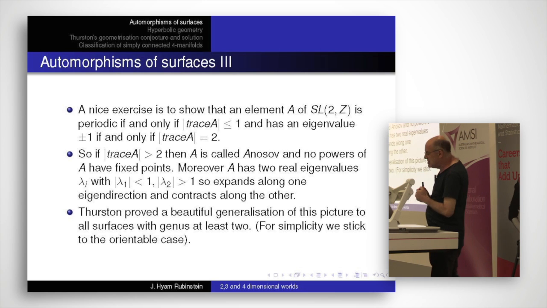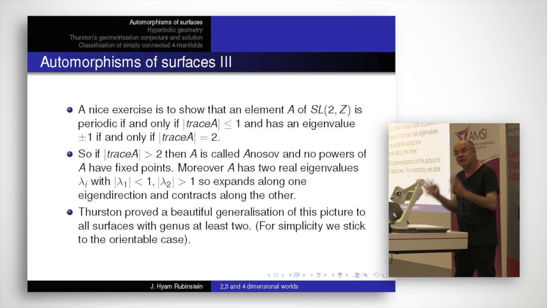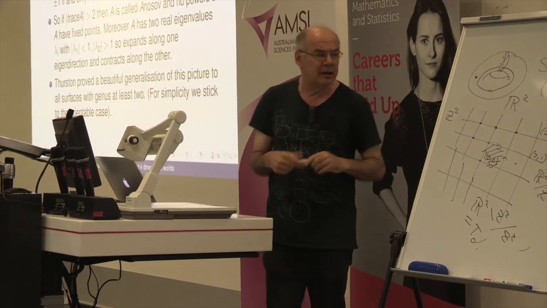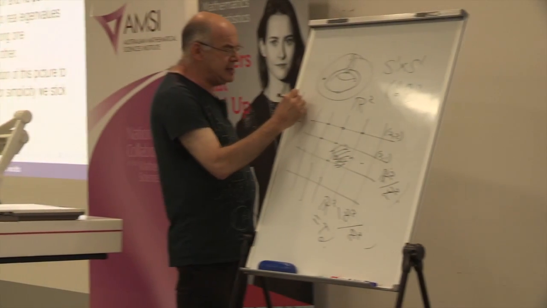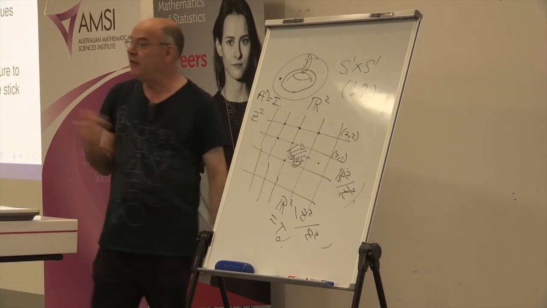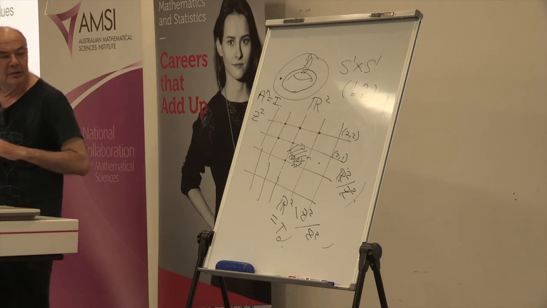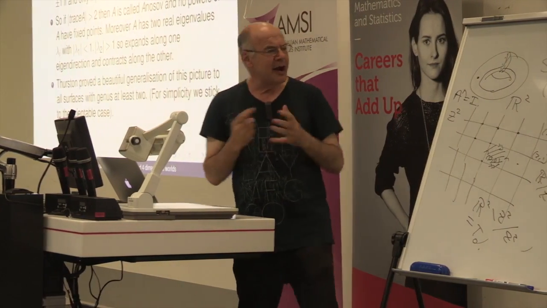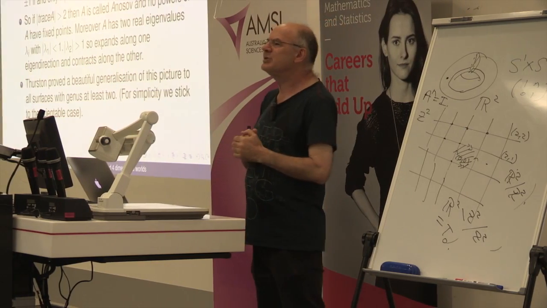So a nice exercise is to show that a 2 by 2 integer matrix is periodic, in other words, A to the n is the identity for some positive or negative integer n, if and only if the trace is 0, 1 or minus 1.